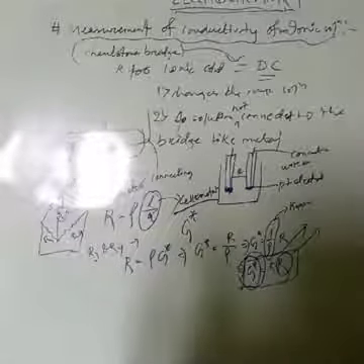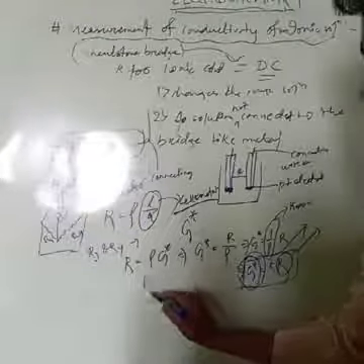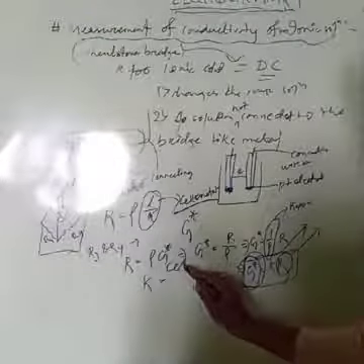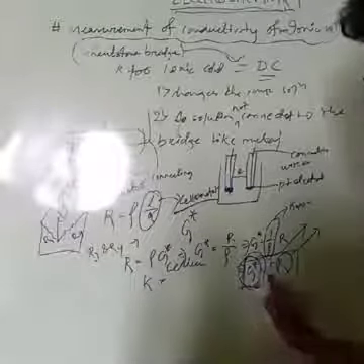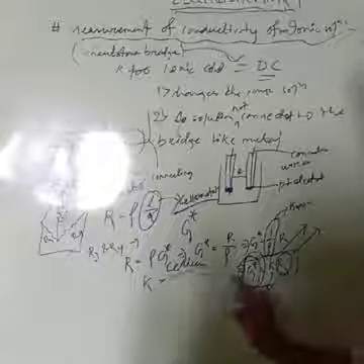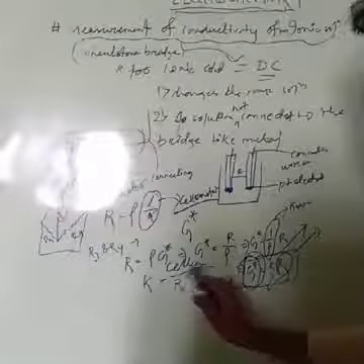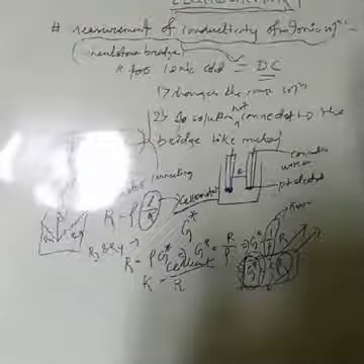Okay, so how will you take that one? By using this formula: kappa equals cell constant by R, that is, resistance.